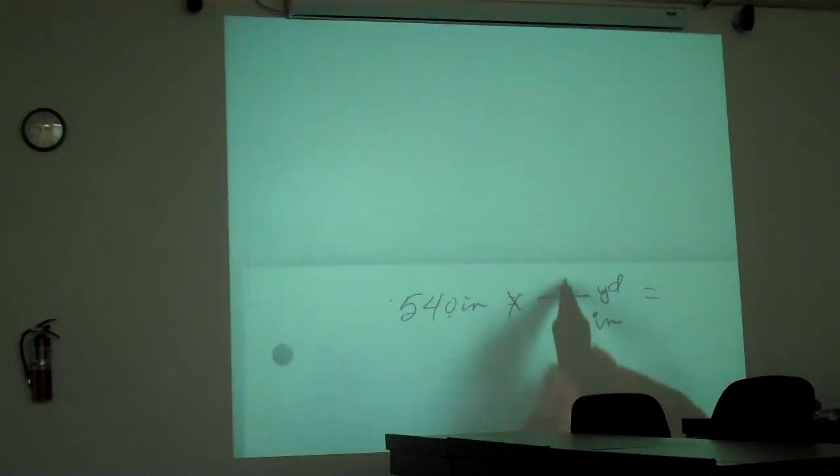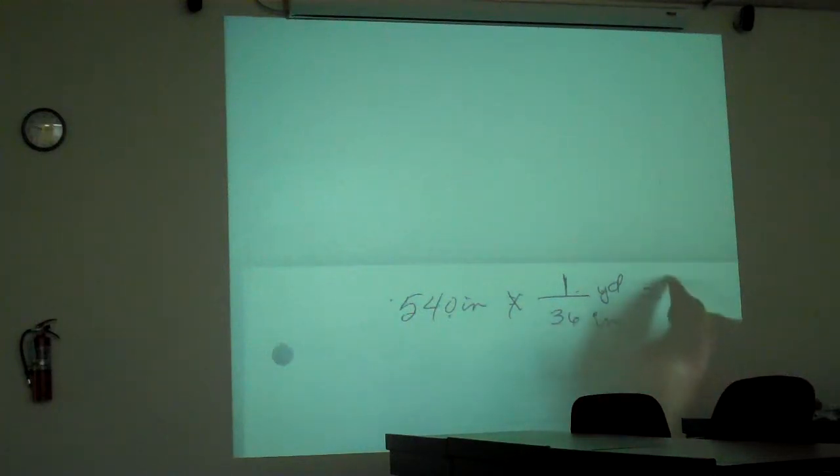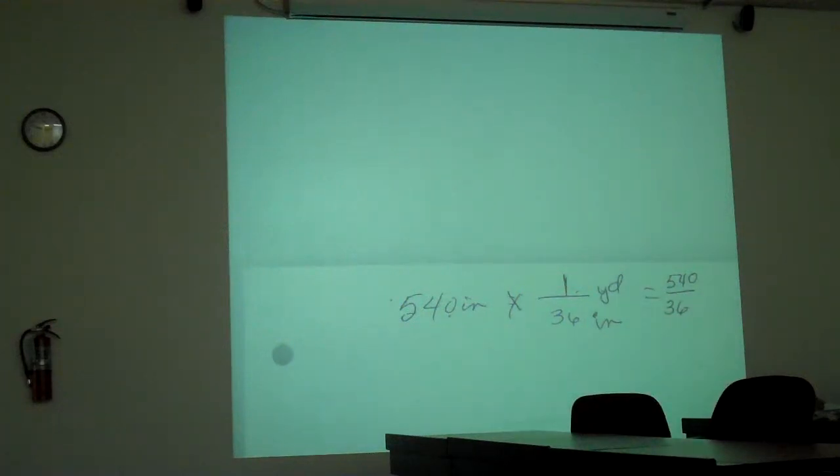Okay, 1 yard is how many inches? 36. So you do 540 over 36. So does that divide evenly? No? How many times will it go? 1, right? Yeah.